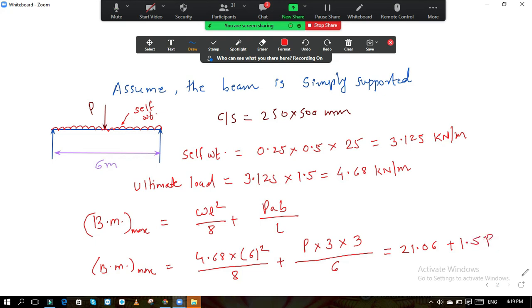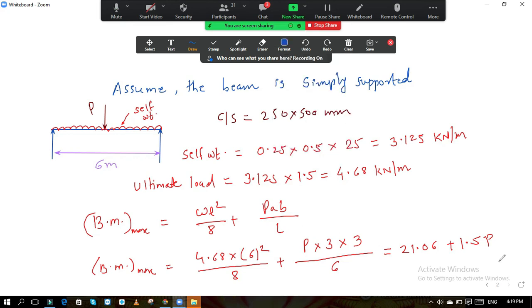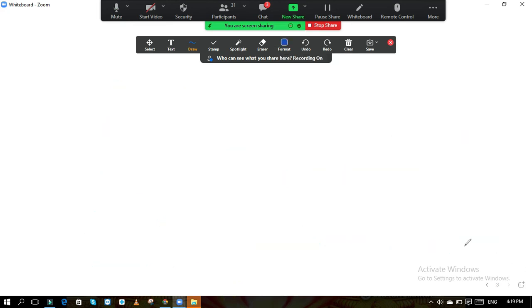Okay. Now equate the maximum bending moment to moment of resistance.